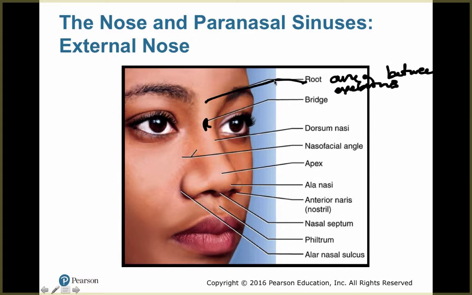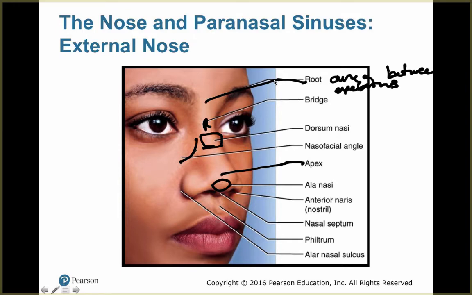You have the dorsum nasi, and this is essentially the anterior margin here. And then further down at the end of the nose is the apex. And where it comes in from the face right here is the nasofacial angle. You can see at the very bottom part of the nose right here, you have the ala nasi.